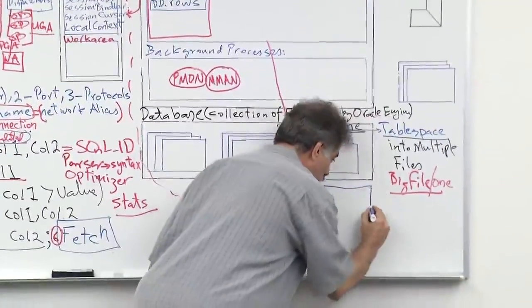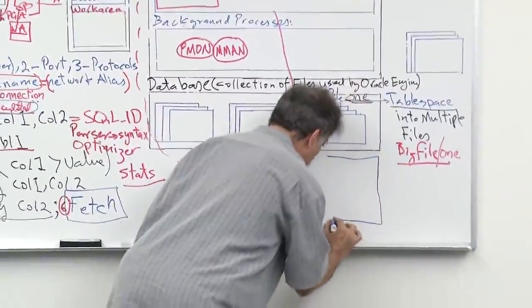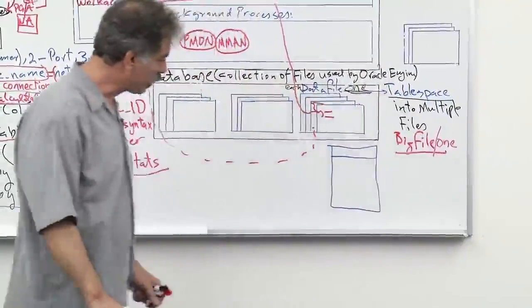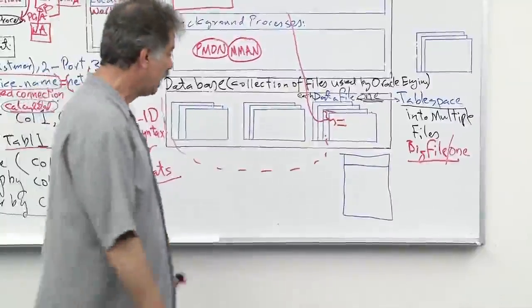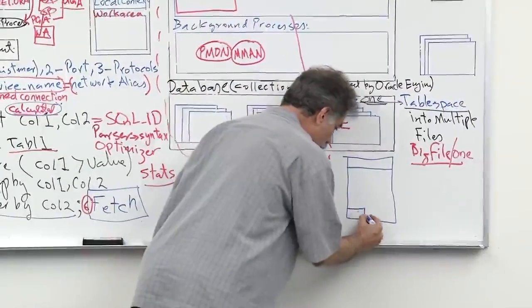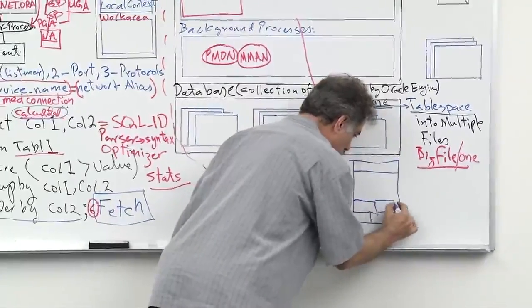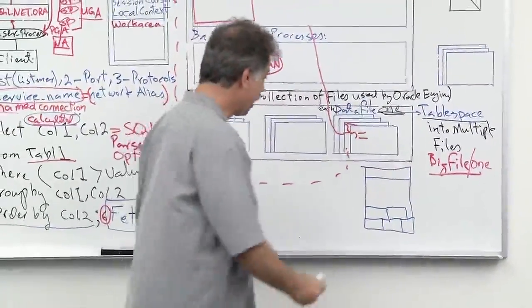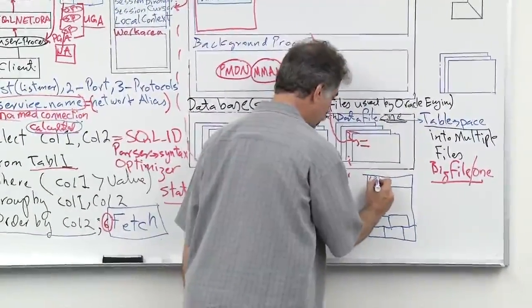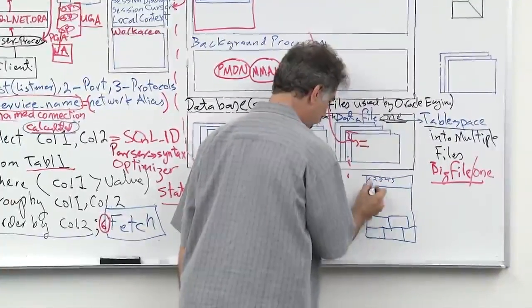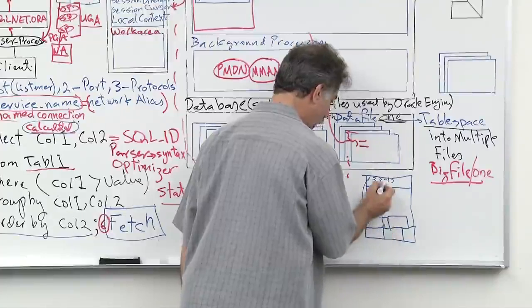So if I draw a block here for you, an Oracle block has a header and a body. In the body, we put rows. In the header, we have pointers that will tell me where each row starts.